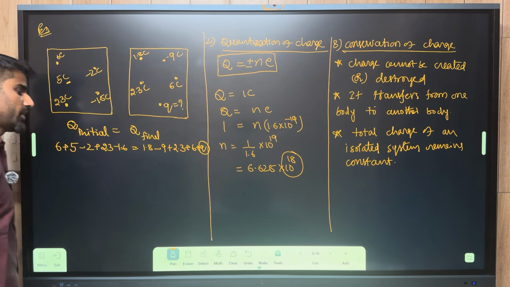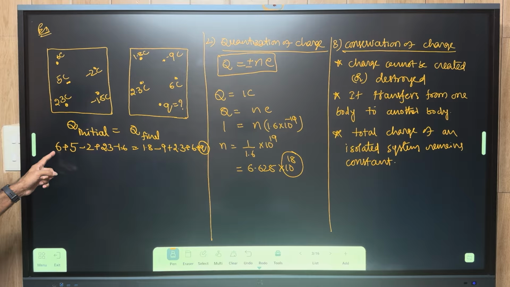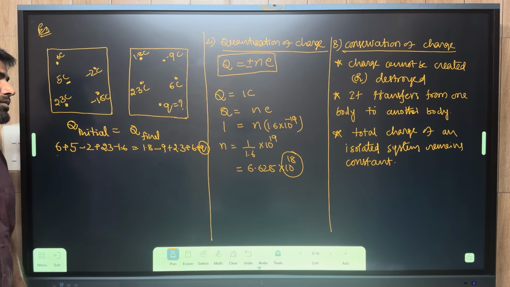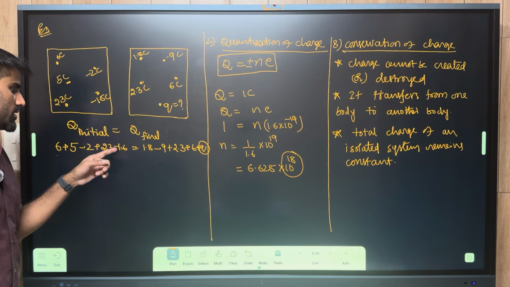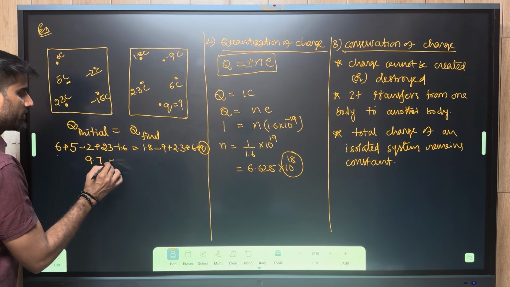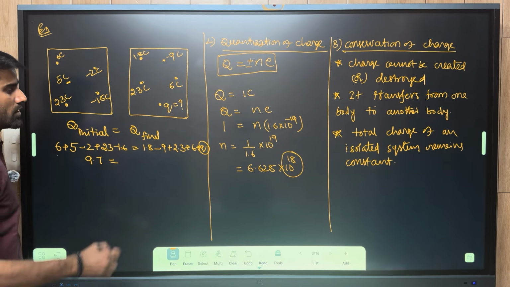What is the total value? 6 plus 5 is 11, 11 minus 2 is 9, 9 plus 2.3 is 11.3, 11.3 minus 1.6 is 9.7.